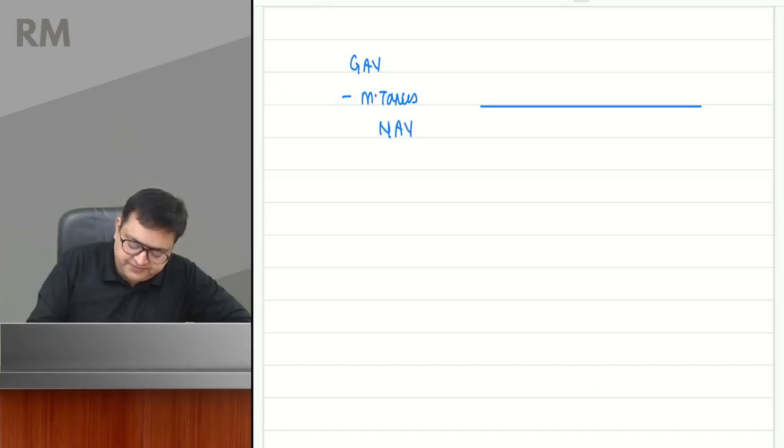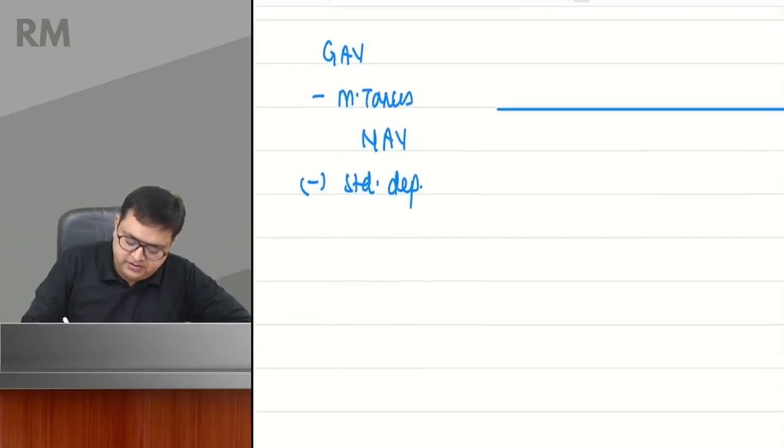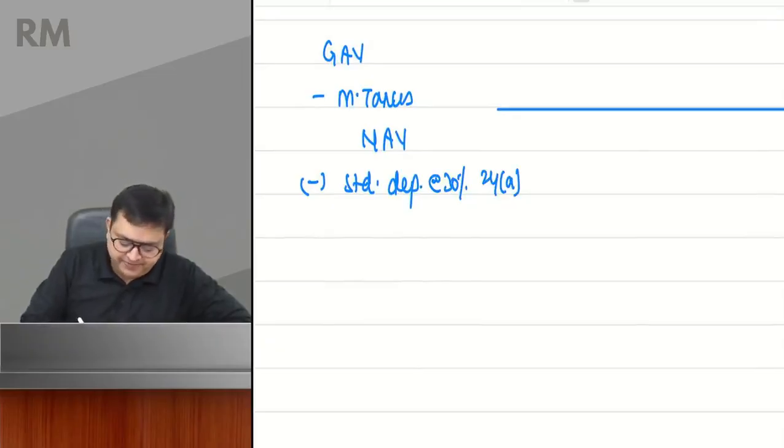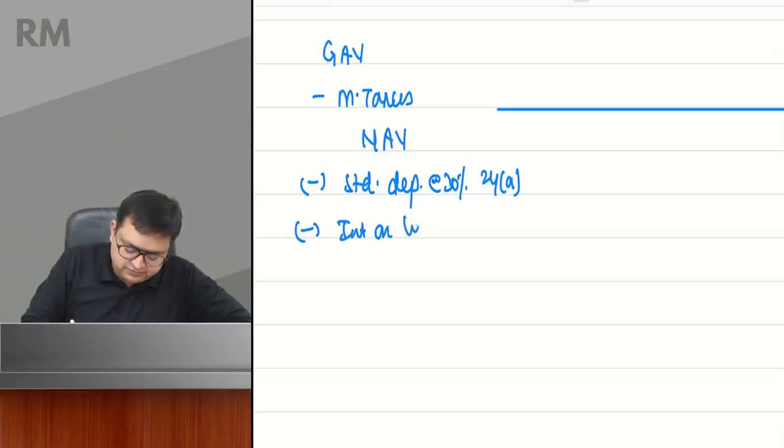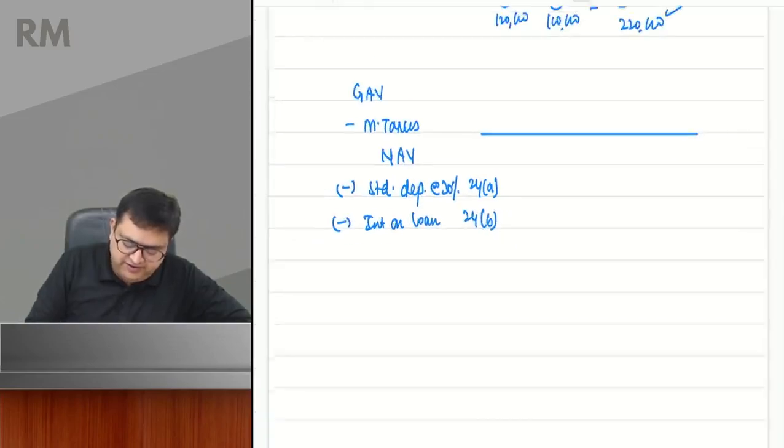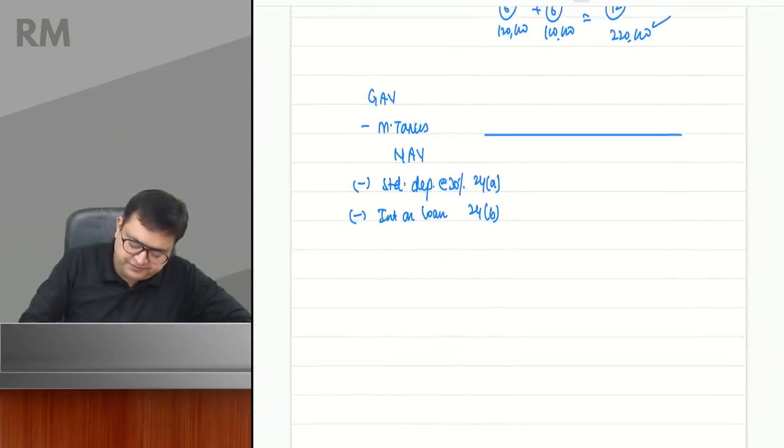From NAV, we deduct standard deduction at rate of 30%. You can also call it 24A. Minus interest on loan. This is called 24B. And we get our house property income.